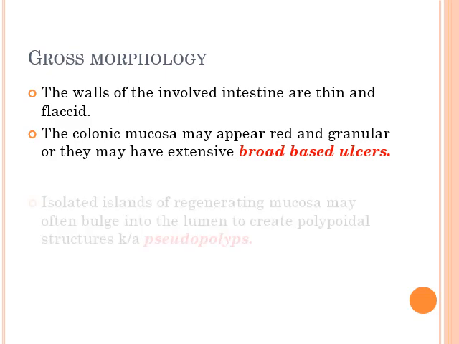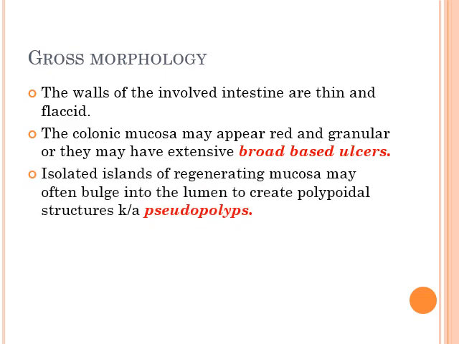I'll show you pictures. Then there will be isolated islands of regenerating mucosa, which may often protrude into the lumen to create a polypoidal structure-like effect, but they are not true polyps. Therefore, they are called pseudopolyps.